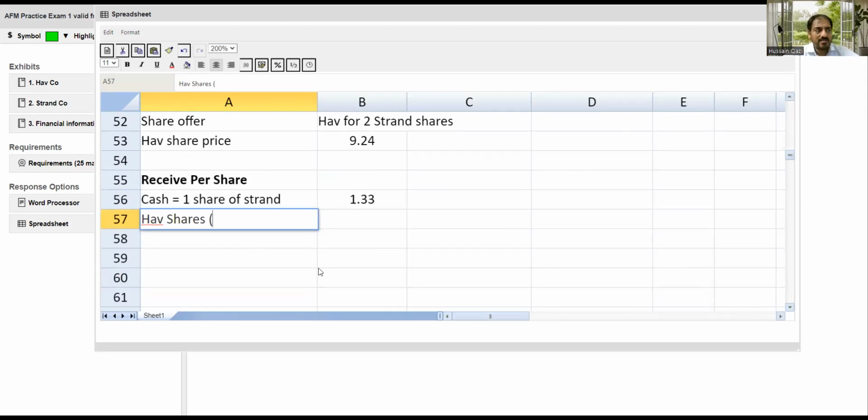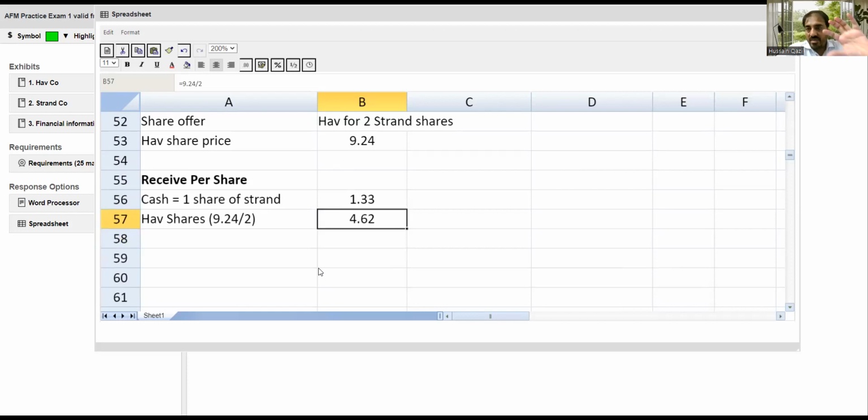So that means the denominator or the value of each Strand share Have offered is based on 2. I can say that 9.24 of one Have share is actually the denominator of 2 Strand shares.